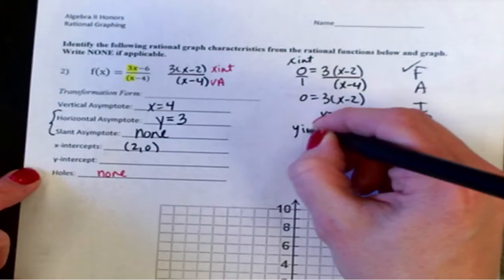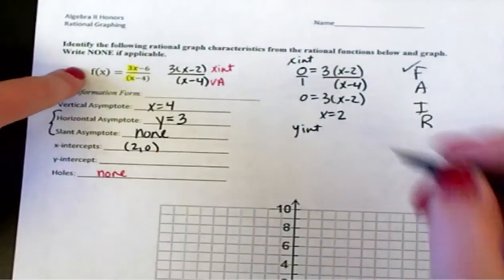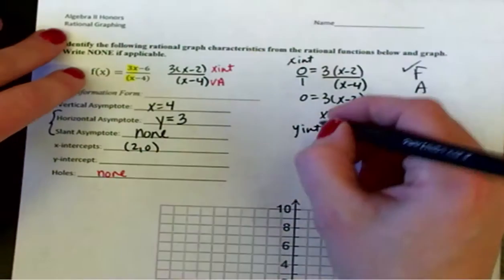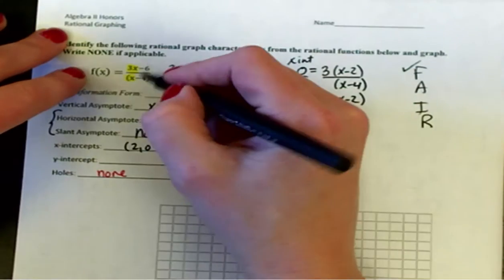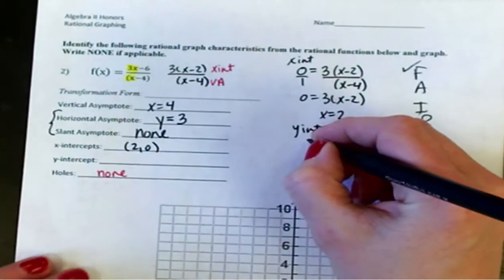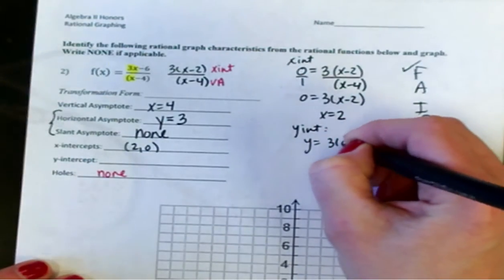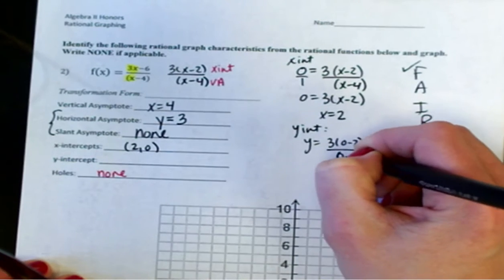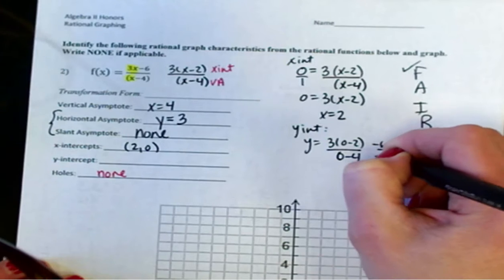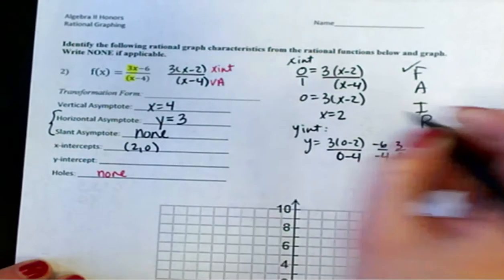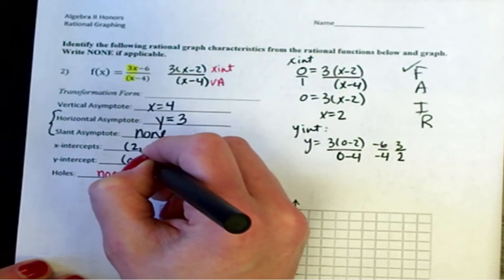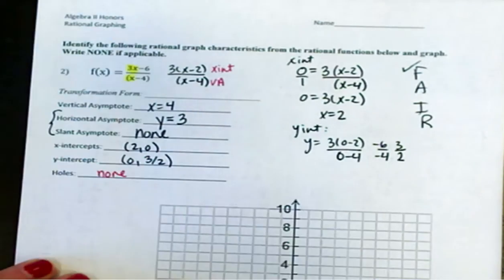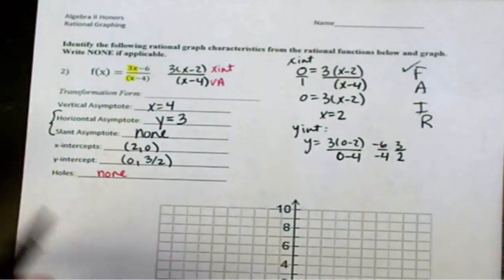Y-intercept. Notice that I'm going to go back to the unfactored version to do the y-intercept. 3/2. Okay. Put it all on the graph.